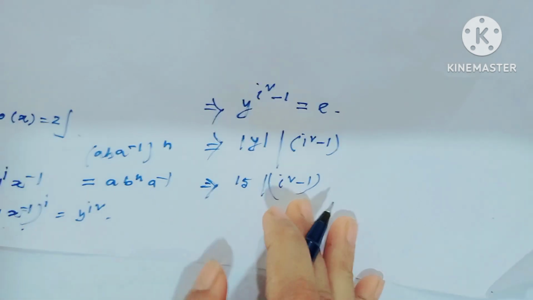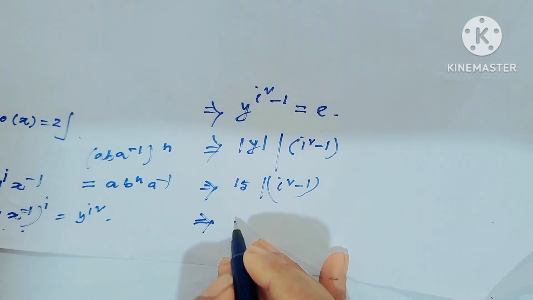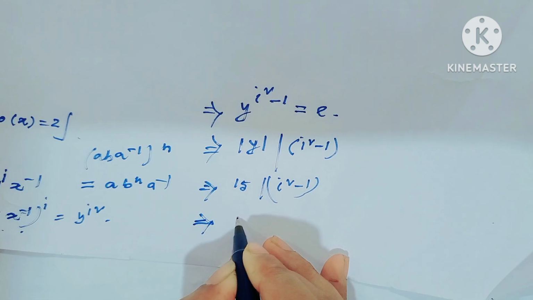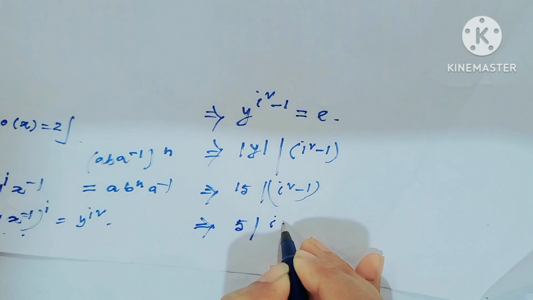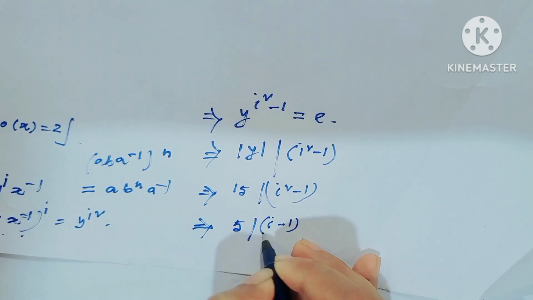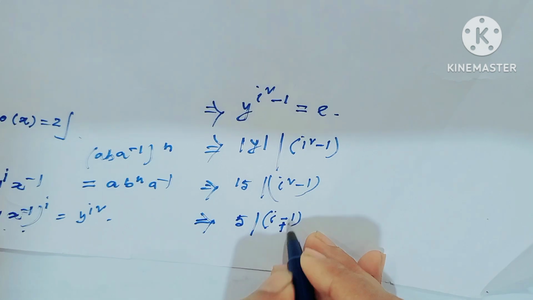Since 15 equals 3 times 5, 5 divides either i minus 1 or i plus 1, that means 5 divides i plus or minus 1.